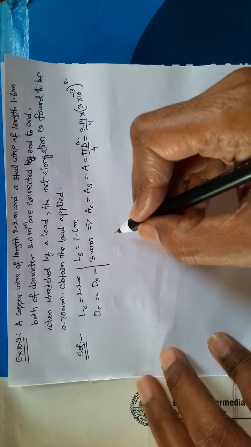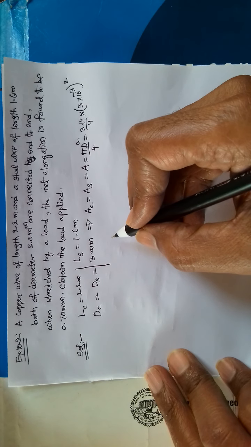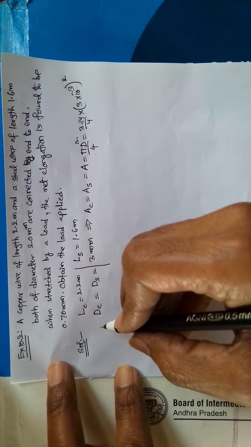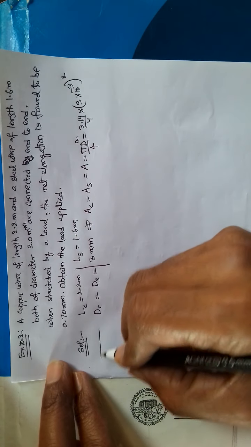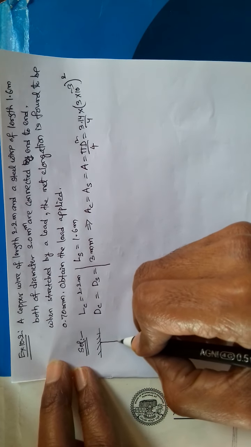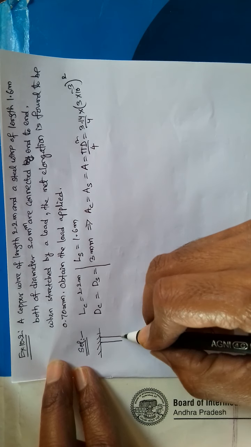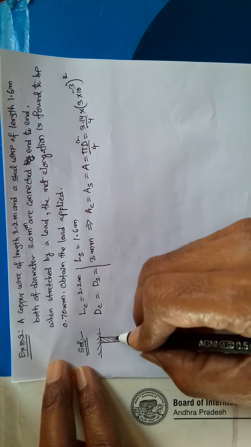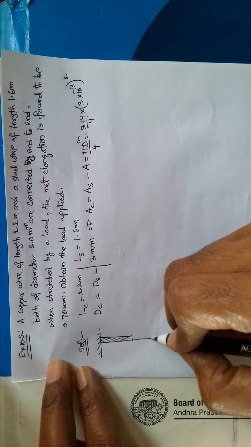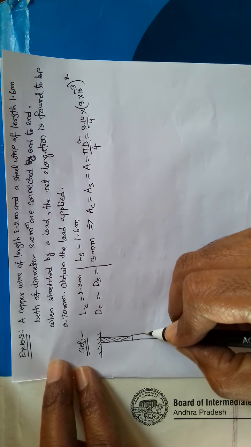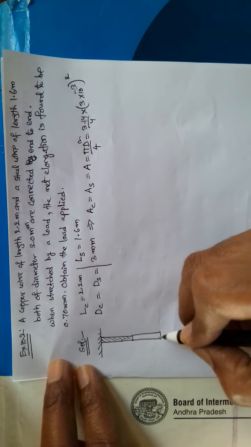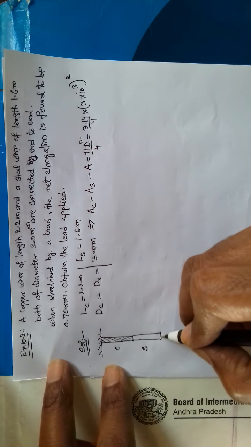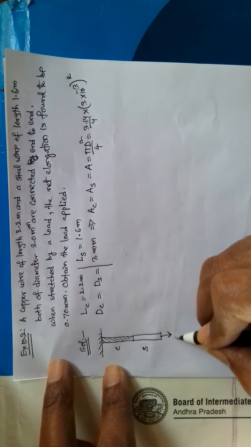Next, they are connected end to end. That means from a support up to here copper wire, afterwards steel wire. This is copper, this is steel wire, and here the load is applied.